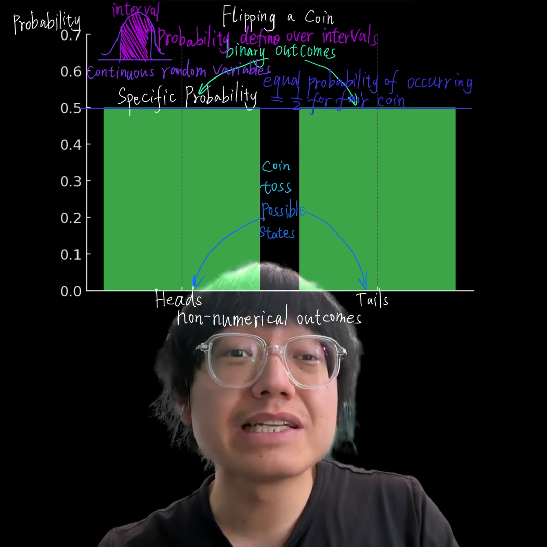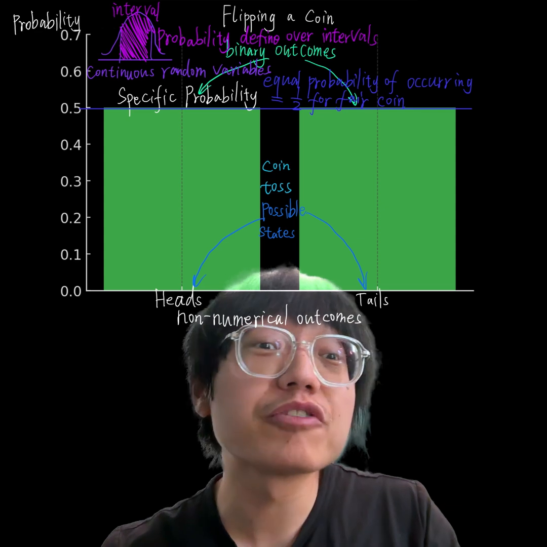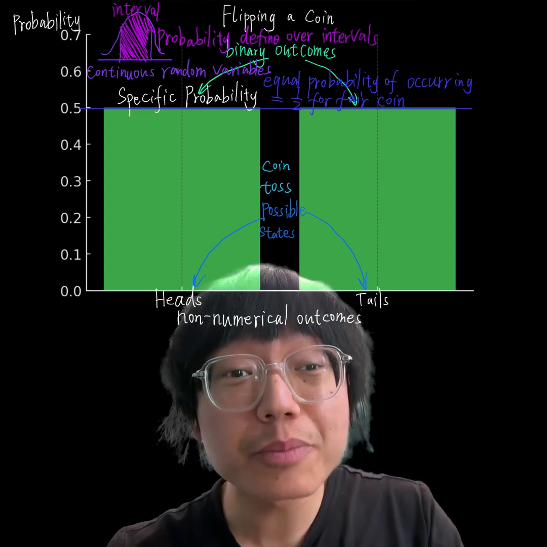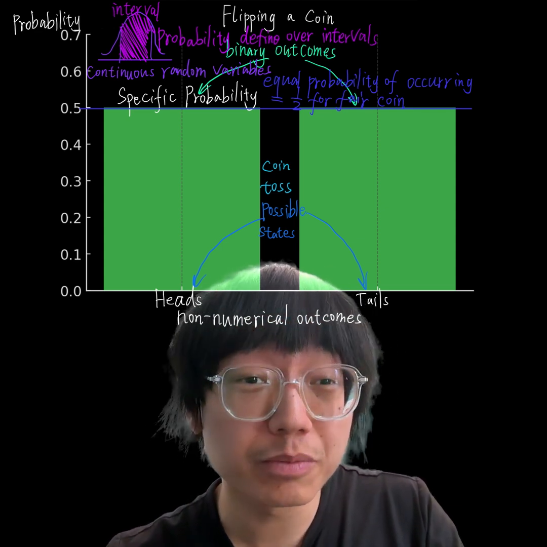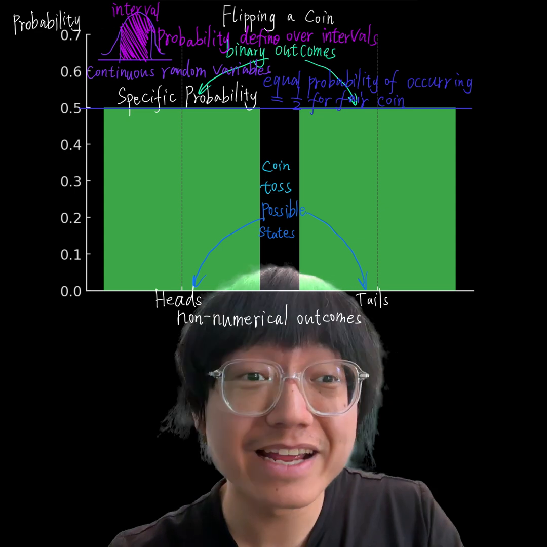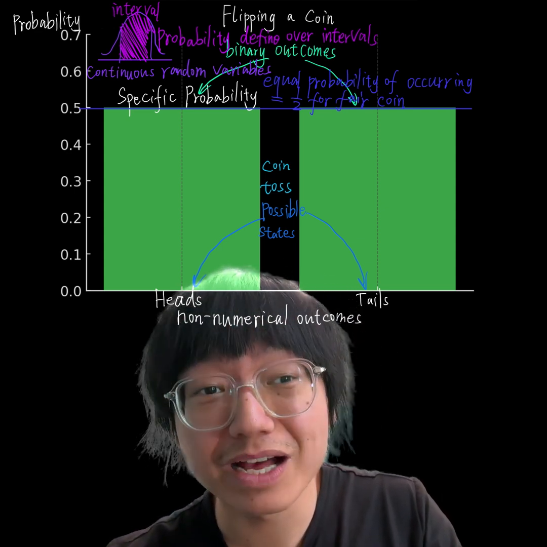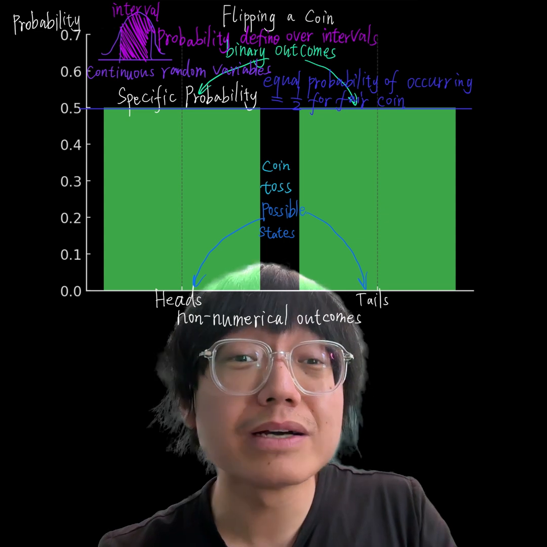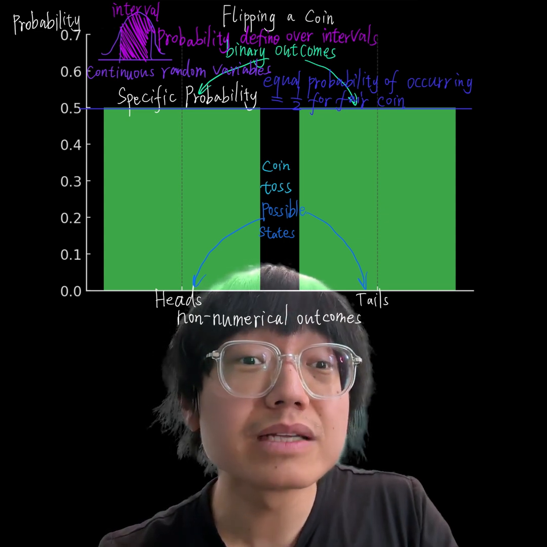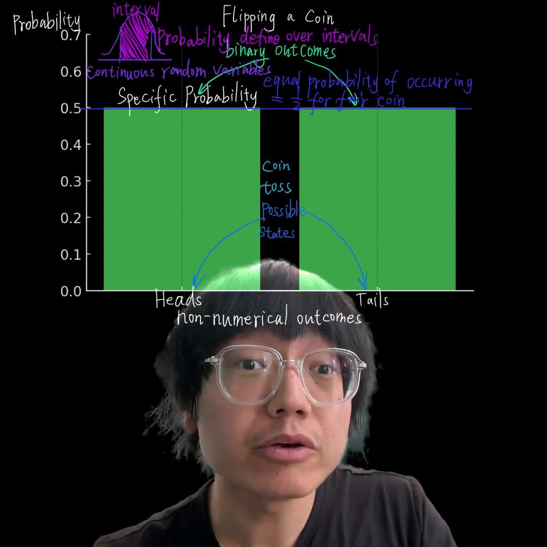We just illustrated the probability mass function for flipping a fair coin. Each bar represents one of the two possible outcomes, heads and tails, and both outcomes have an equal probability of 1/2. Unlike continuous random variables, a discrete random variable can have non-numerical outcomes.